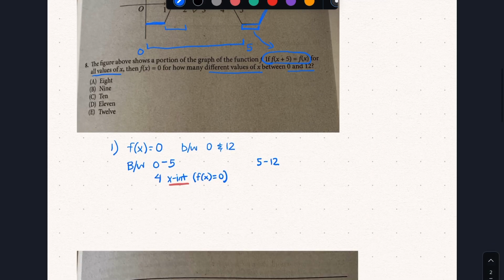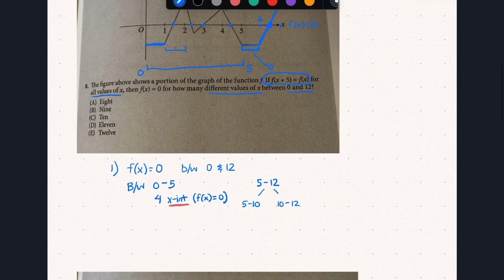So we can break down 5 and 12 into two portions, 5 and 10, and 10 and 12. Why do we do this? Well, we know, based on what we're seeing here and based on this formula, that the function between 0 and 5 is going to look exactly the same as it does between 5 and 10, because f of x plus 5 equals f of x. f of 0 plus 5 is f of 5. f of 5 plus 5 is f of 10.